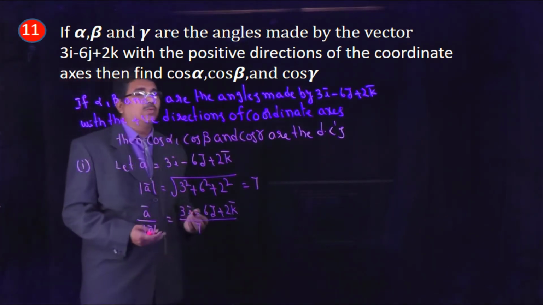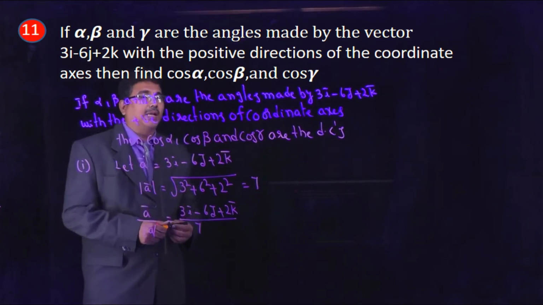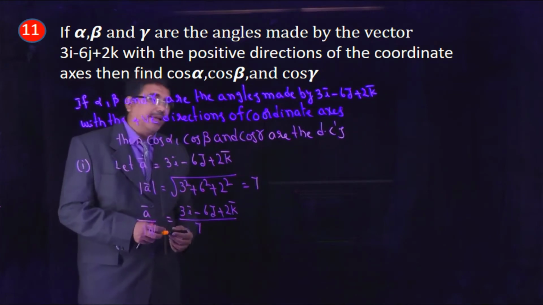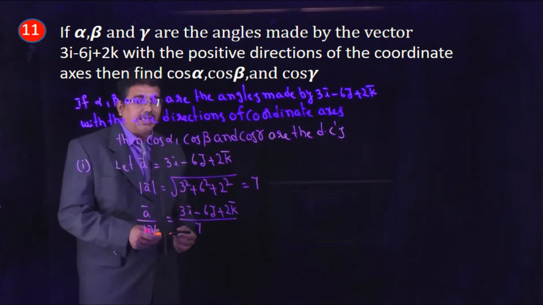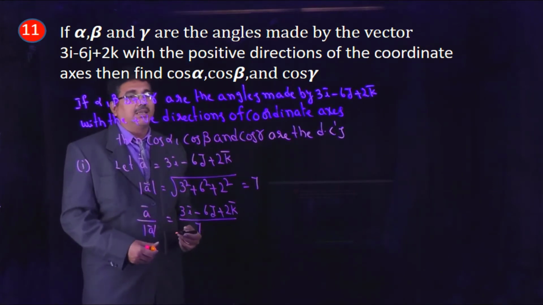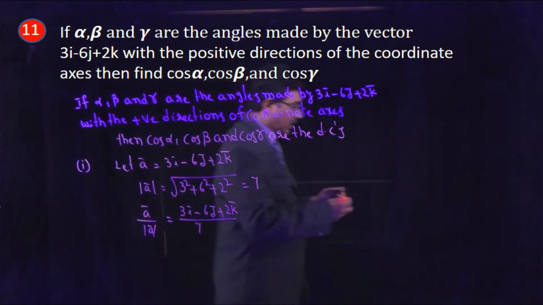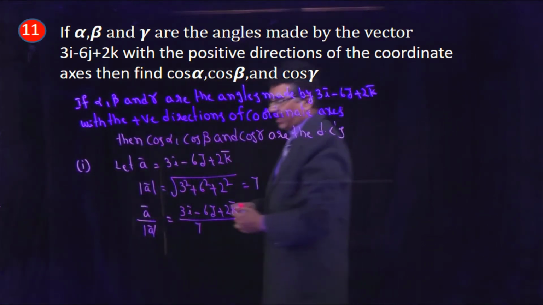Now what are the direction cosines in this unit vector? The coefficients of I bar, J bar, K bar are the direction cosines of the vector.